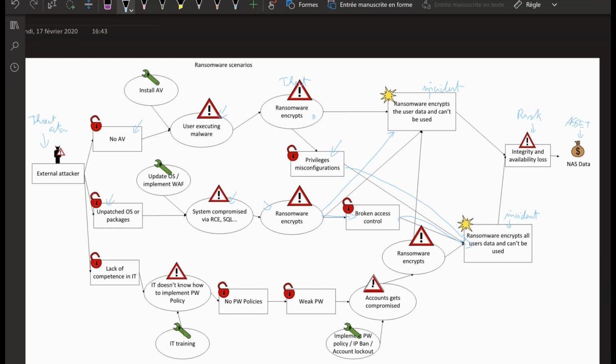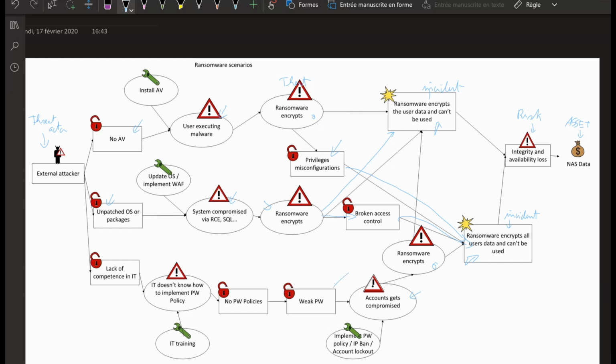Now, for the last scenario, we've got maybe one user's data or all user data encrypted with ransomware, as usual. This was possible because we had another threat: one account or multiple accounts were compromised. And how did that happen?